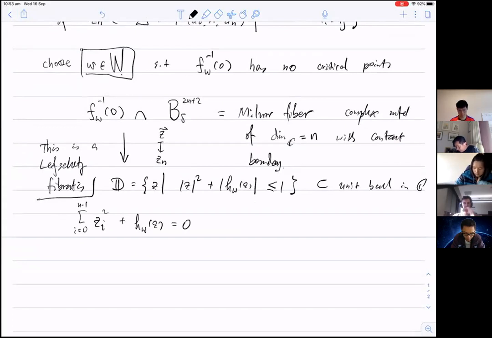Suppose Zn is the zeros of this, so this will denote the n plus 1 roots.